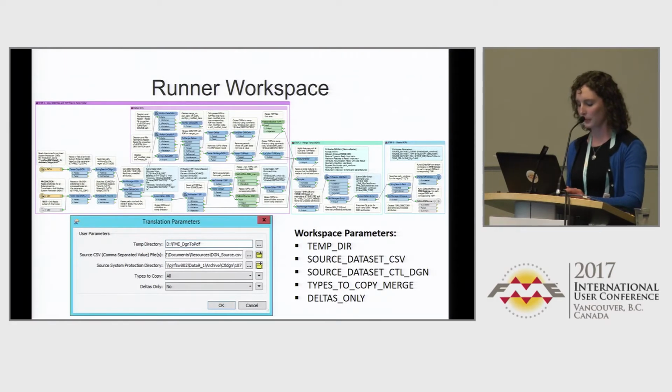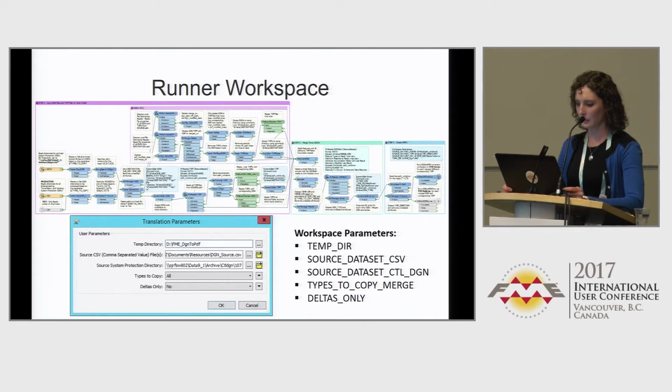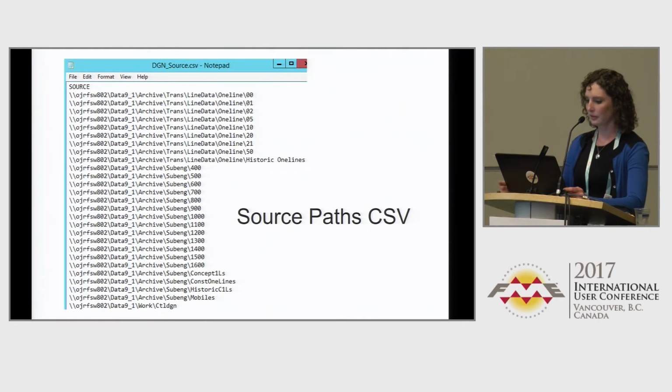The runner workspace has some different parameters, so you can specify your temp directory. We use pretty much the same path on our test, QA, and production environments, but since this parameter was in here, it allowed you to specify your own path for that directory. There's a source CSV file that I used. It looks like this.